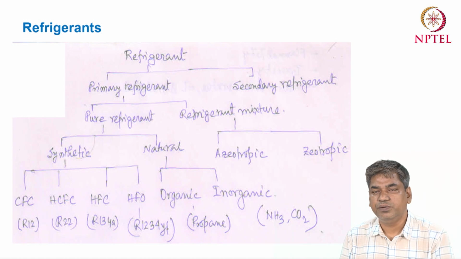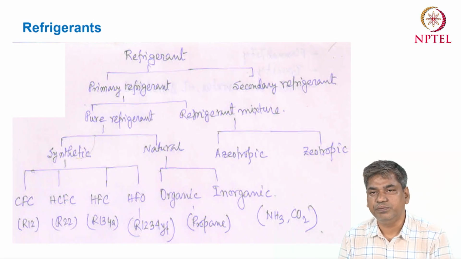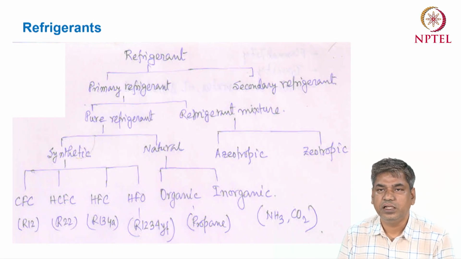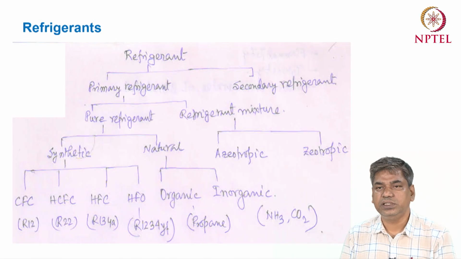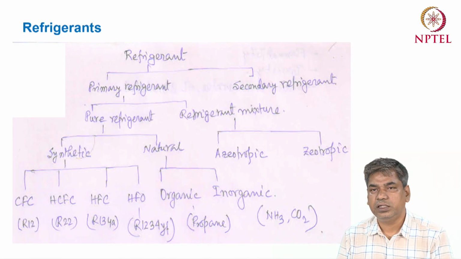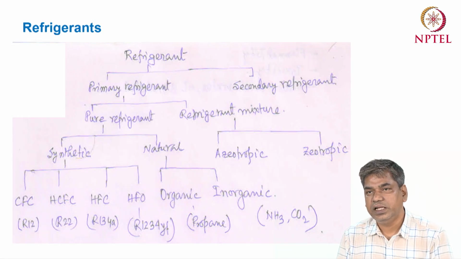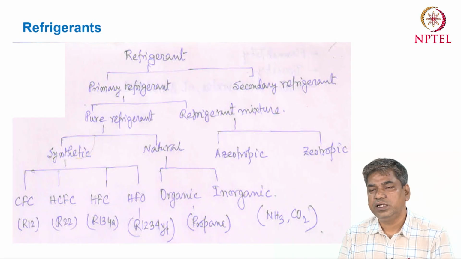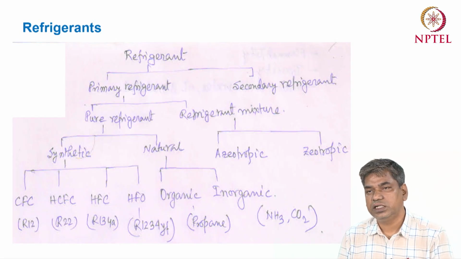This is one of the best substitutes for R134a, and it is used for the mobile air conditioning system, or we can use it for other air conditioning systems. So this is one of the best replacements for R134a.